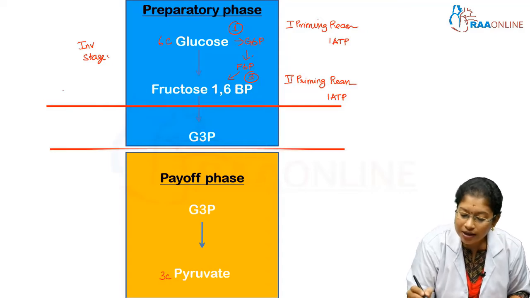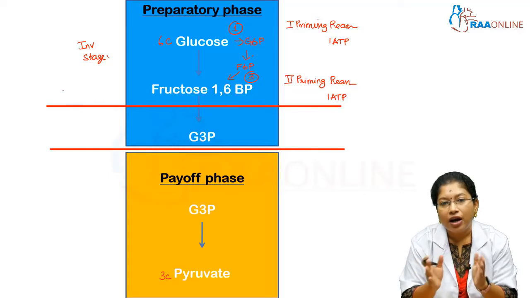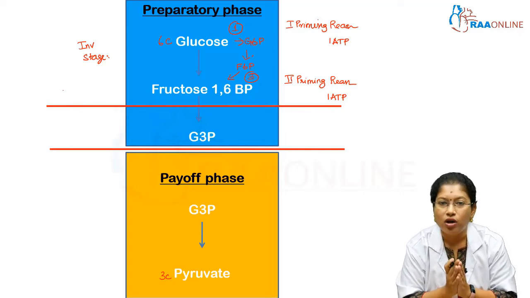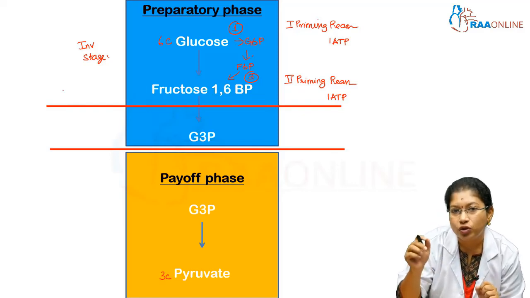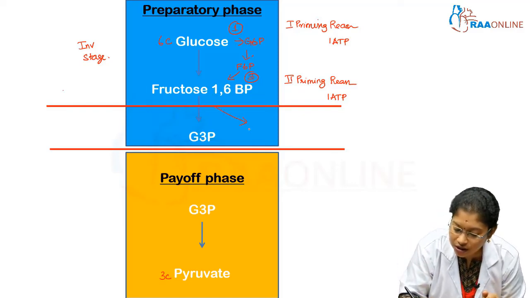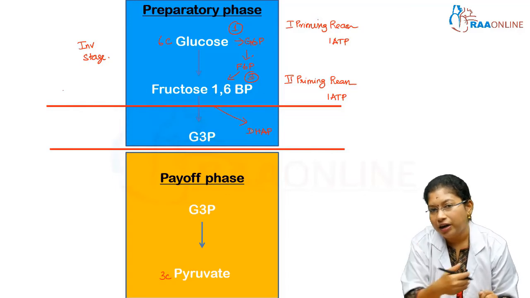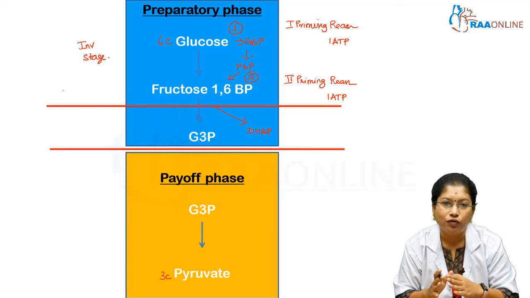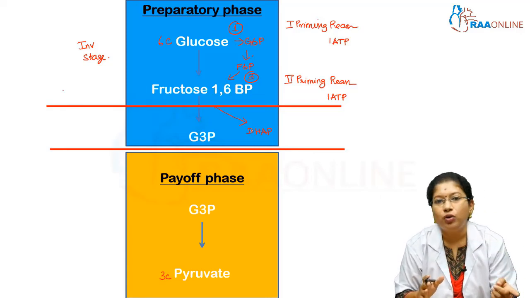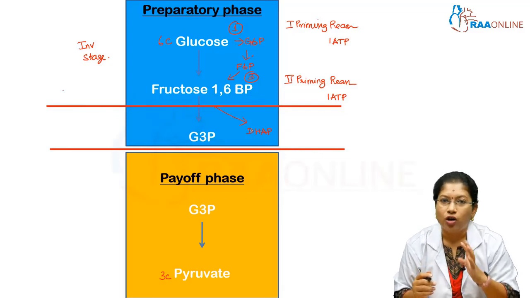Fructose 1,6-bisphosphate is further divided into two compounds. One is glyceraldehyde 3-phosphate and another one is dihydroxyacetone phosphate. But in glycolysis, only glyceraldehyde 3-phosphate enters the pathway, whereas dihydroxyacetone phosphate is converted to glyceraldehyde 3-phosphate and goes into the glycolysis pathway.